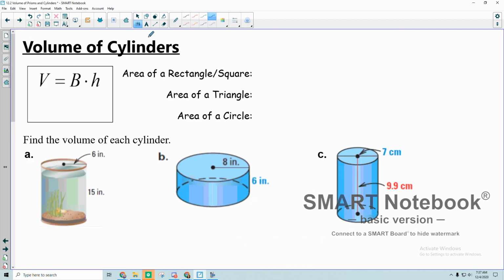And when we talk about this B here that represents the base, more specifically, this is talking about the area of the base, and that'll be multiplied by the height.